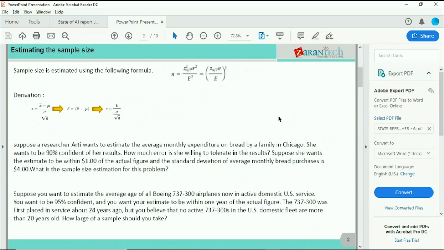So this is basically in continuation to the last class. Here what we are dealing with is how do we estimate the sample size that is needed for my study. When you are saying that I have the ability to study and prove something, but what I'm doing is all data driven, people will always ask you, okay, we understand that it is data driven, but how much data do you need?